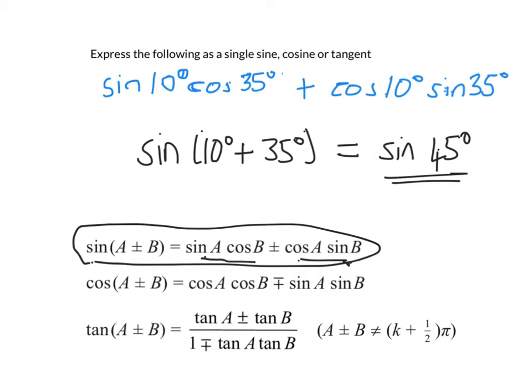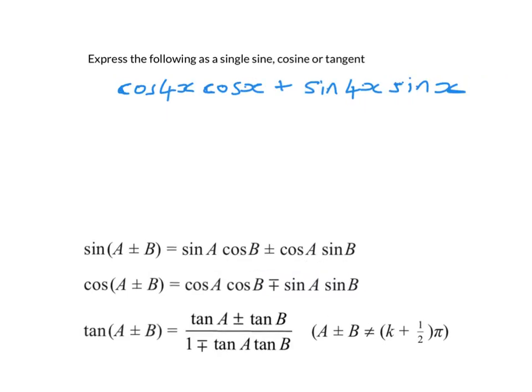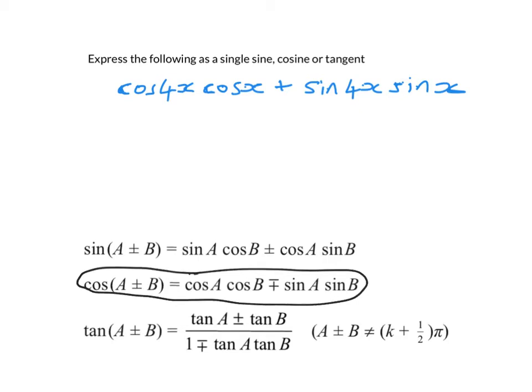Okay, let's try another one. Now we're showing a bit of algebra. You can see cos, cos plus sine, sine. So when you see cos and then plus or minus sine, you know you're looking there. We're adding, and we've got cos 4x cos x plus sine 4x sine x.